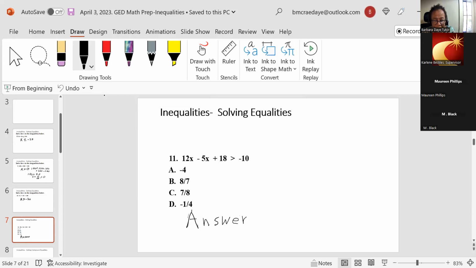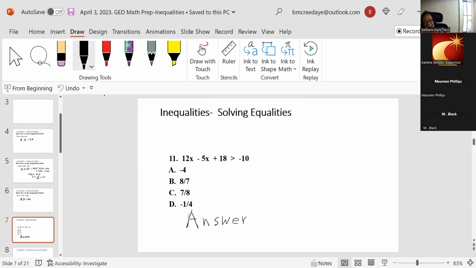I subtract 5x from 12x, leave 7x. Then I subtract 10 from 18. No, you want to get the 18 on the side with the 10, so you subtract 18. Anyway, same thing, miss.